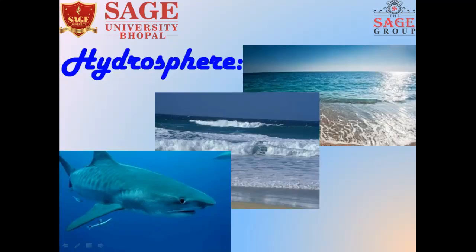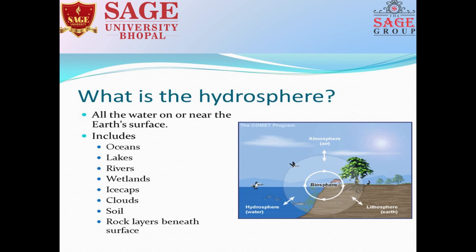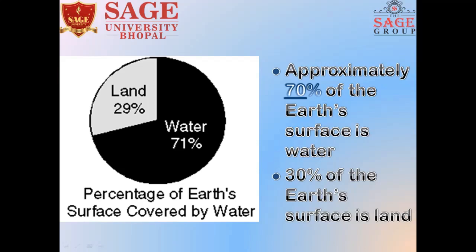Now, what is hydrosphere? All the water on or near the Earth's surface is hydrosphere. It includes ocean, lake, river, wetland, ice caps, cloud, soil, and rock layers beneath the surface. 71% of Earth's surface is covered by water. Approximately 70% of Earth's surface is water, and the remaining 30% is only land.